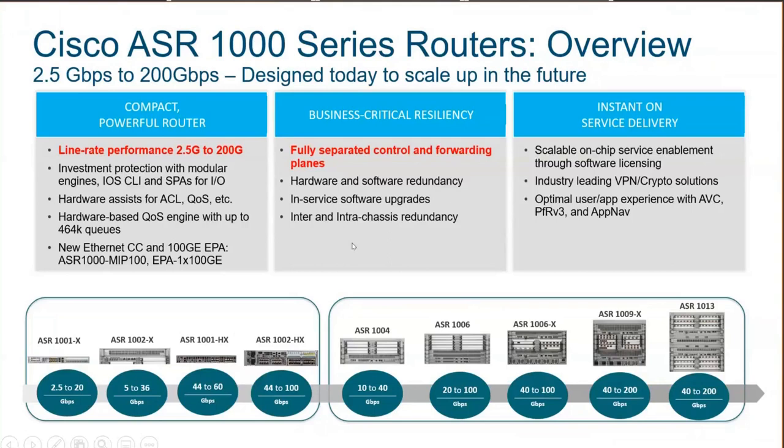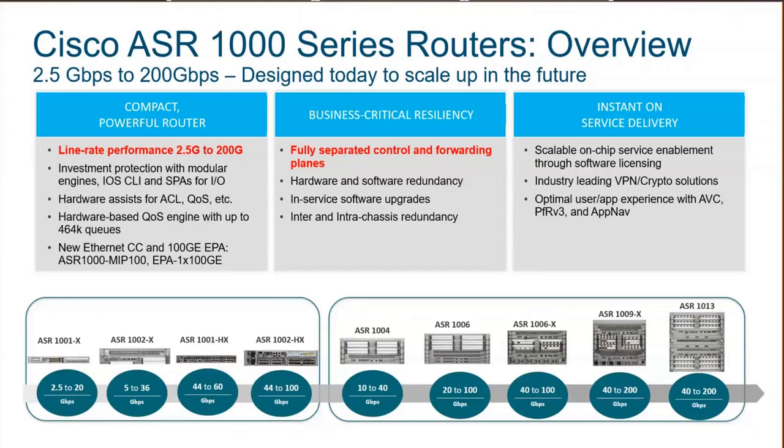So this is about the redundancy part, and we have instant-on service delivery as well. There are certain chips that you can scale based on your requirements to enhance the throughput. Some of them can be done through software licensing, and some of them can be done by upgrading the hardware.